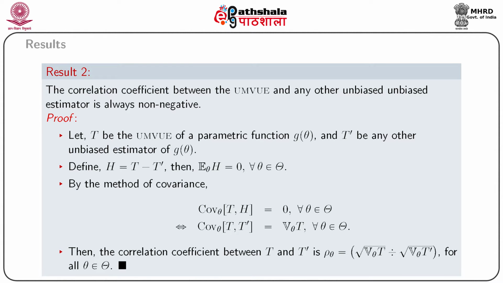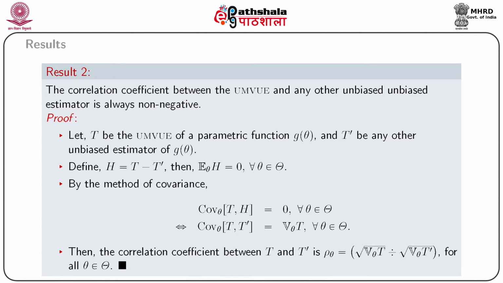Then expectation of T is equal to expectation of T dash is equal to g(theta) for all theta. Let us define a statistic H equals T minus T dash. Then expectation of H is equal to 0 for all theta. Hence, H is an unbiased estimator of 0.